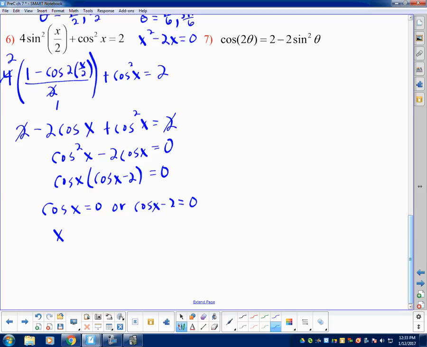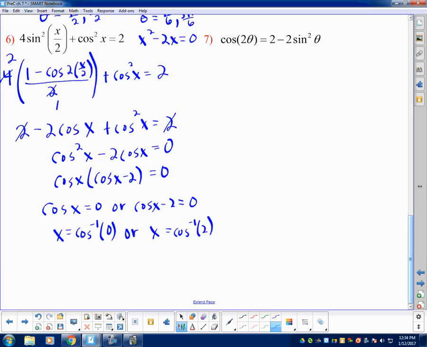So x equals arc whose cosine is 0, or x equals arc whose cosine is 2. You'd add the 2 over, take inverse cosine of each side. Right, x equals inverse cosine of 0.